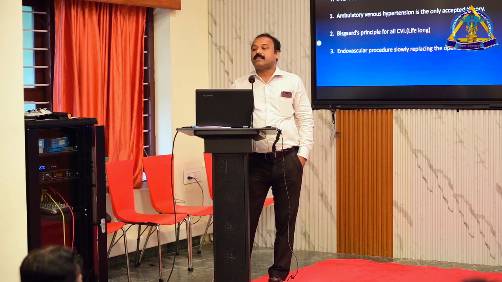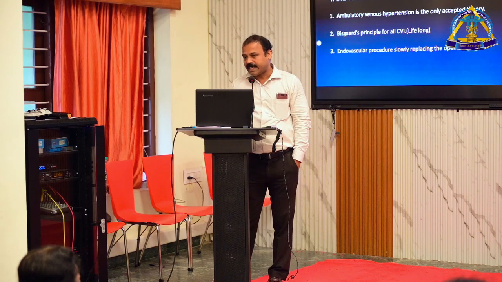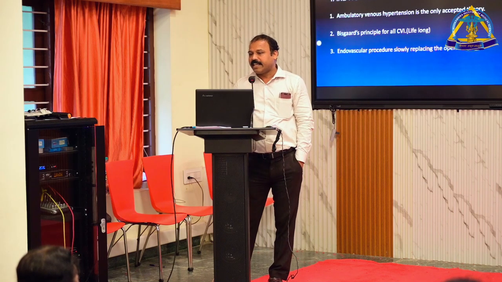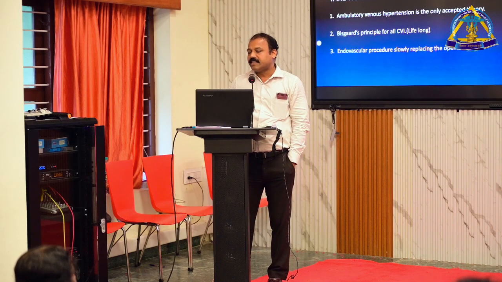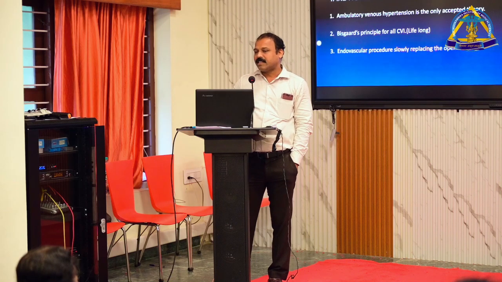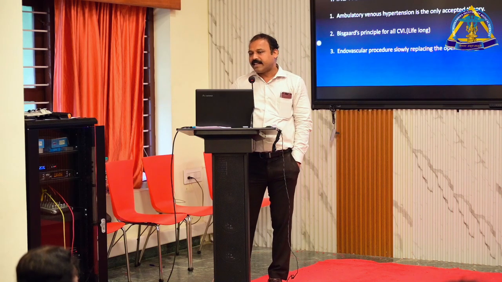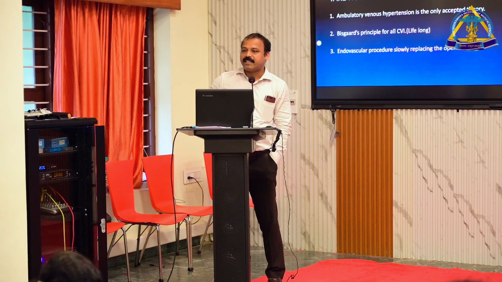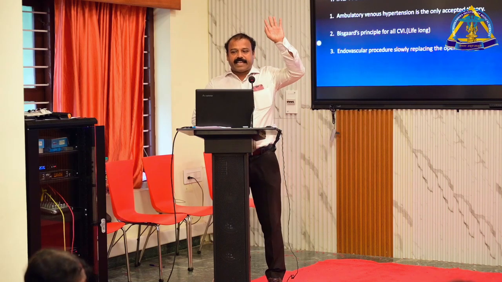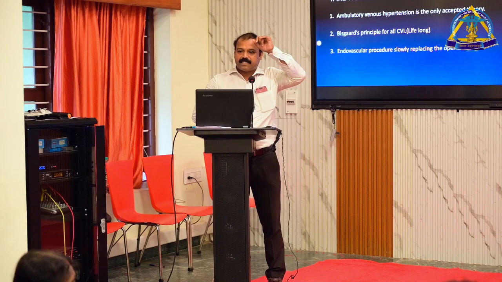These people should have a lifelong elastocrepe bandage. Chronic venous insufficiency is treatable or controllable, never curable. So these people will come with recurrent ulcer unless they follow the lifelong advice of exercise, elastocrepe bandage and elevation.